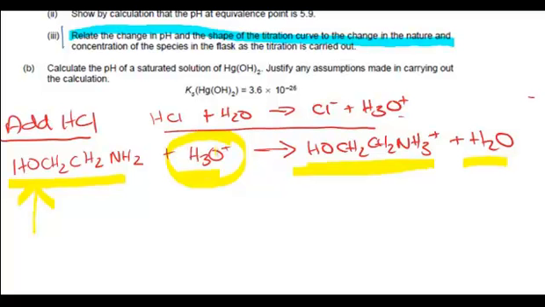We need to talk about that this is the buffer region, and then we're going to have equal amounts of each around halfway to equivalence point, and then as we carry on, we're going to have more and more of the weak acid present until we get to equivalence point, where we're going to have all of the conjugate acid present once it's been neutralized.